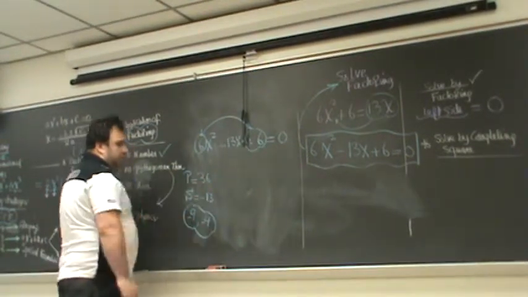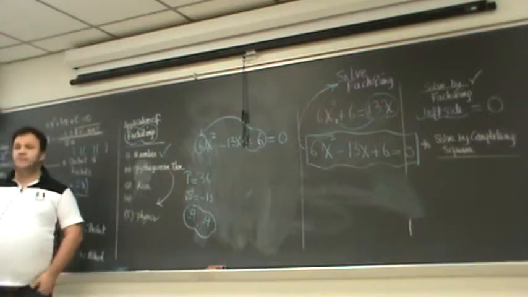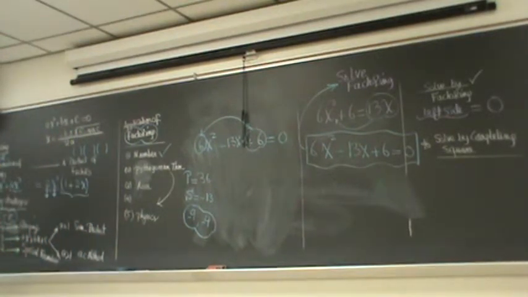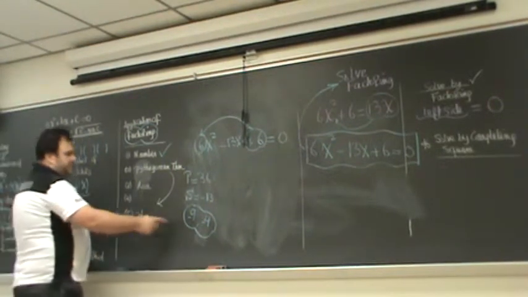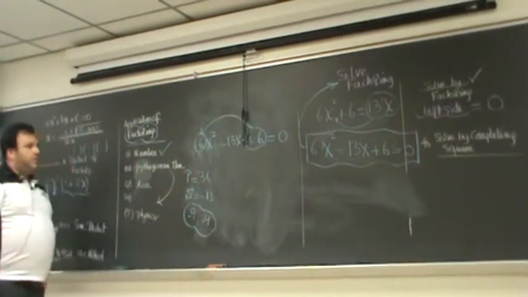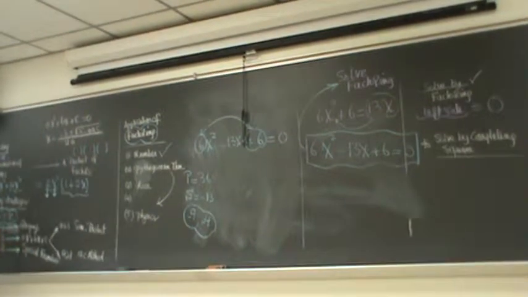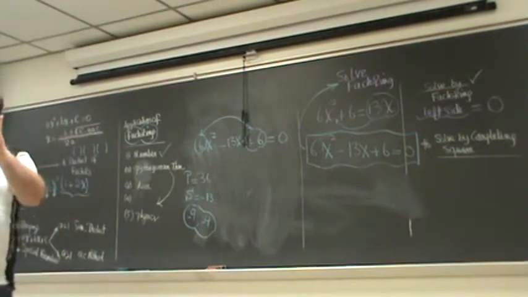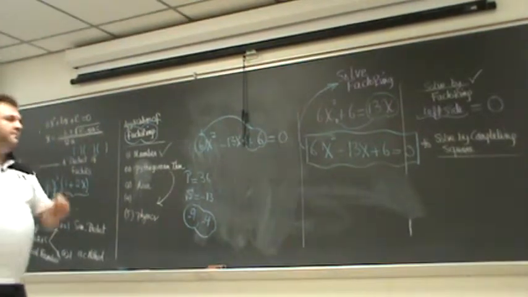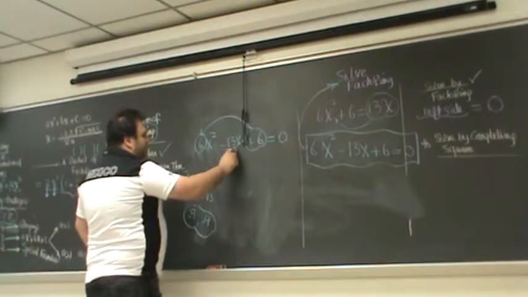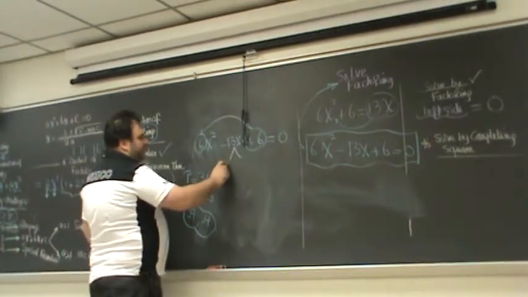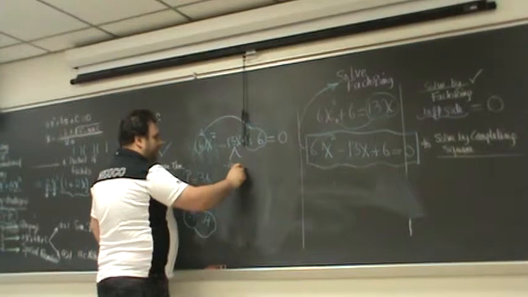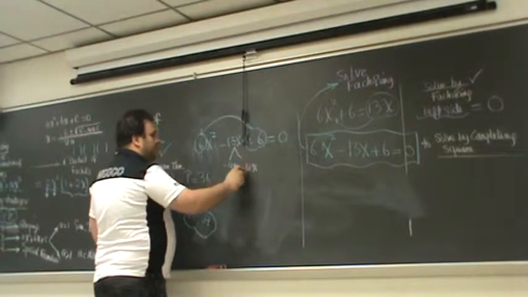Now, do I just write the answer x minus 4 and x minus 9? I don't think so. What do I do with those two numbers that I just found, negative 9 and negative 4? I'm going to expand the quadratic into a four-term polynomial by breaking that middle term. So instead of negative 13x, I'm going to write negative 9x, negative 4x, using those two numbers.